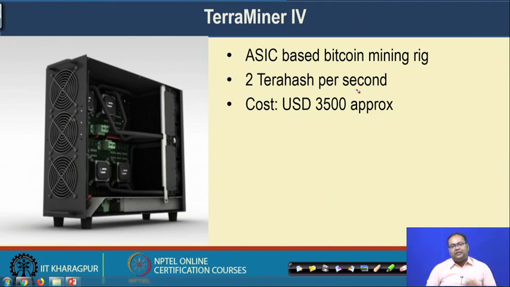So, you can imagine how many such SHA-256 hash functions it can perform, and the current cost for this hardware is approximately $3,500 US. But nowadays even this hardware is not sufficient. People have started building up mining pools, or combinations of multiple hardwares together, to perform these mining operations.